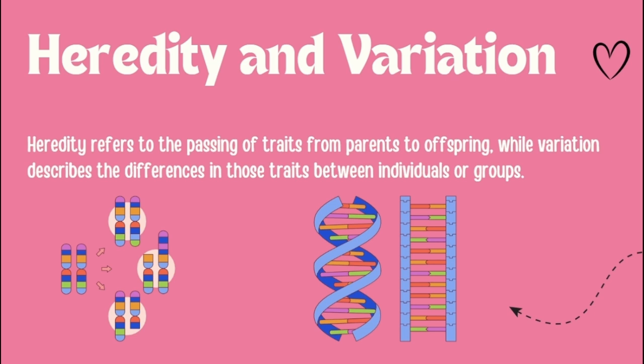It makes them less susceptible to diseases. It helps them to live longer because they're different and they're able to adapt to the environment differently. So that's the main difference between hereditary and variation. But overall, these two concepts help us understand how traits are passed on from parents to offspring.